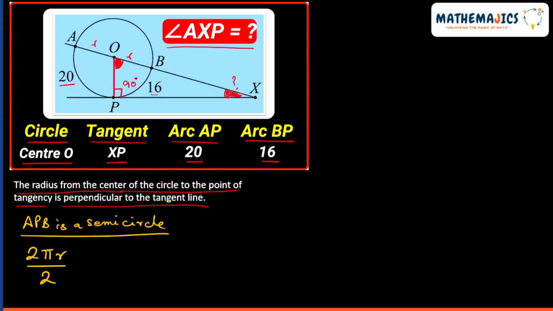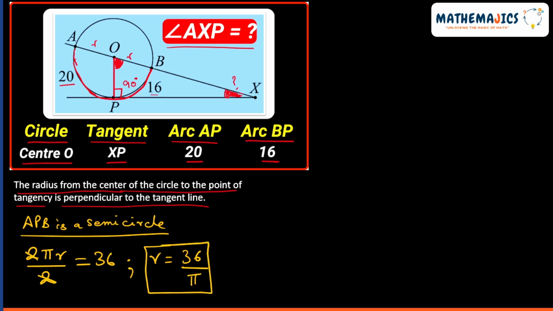Now this is equal to AP plus PB, which is 20 and 16, so that is 36. Now if I solve this further, the 2s cancel and the radius will turn out to be 36 by pi. This will be the radius of this circle.